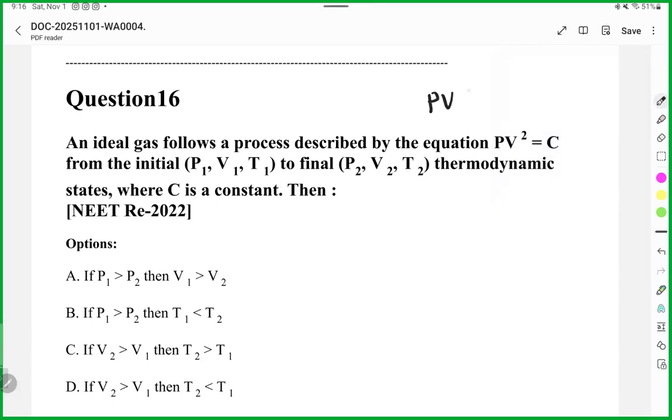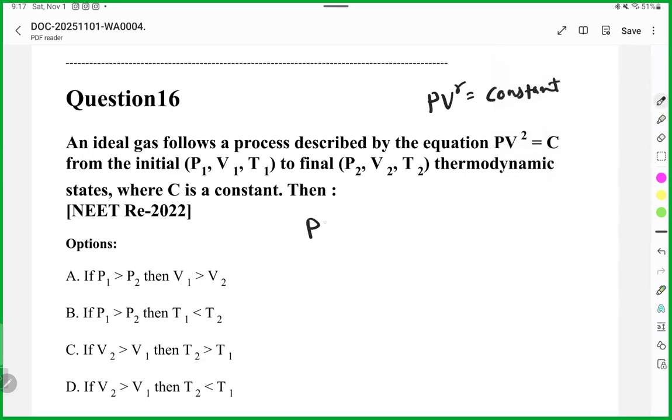You know in adiabatic process PV^gamma is equal to constant, right? So this is adiabatic process. You have to apply the ideal gas equation, correct? And you know we did by 3 different methods.